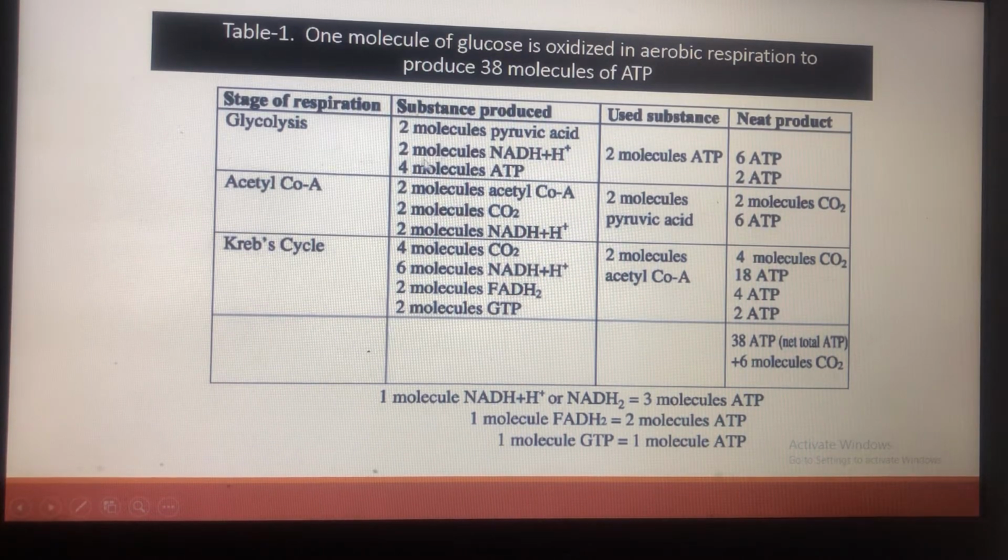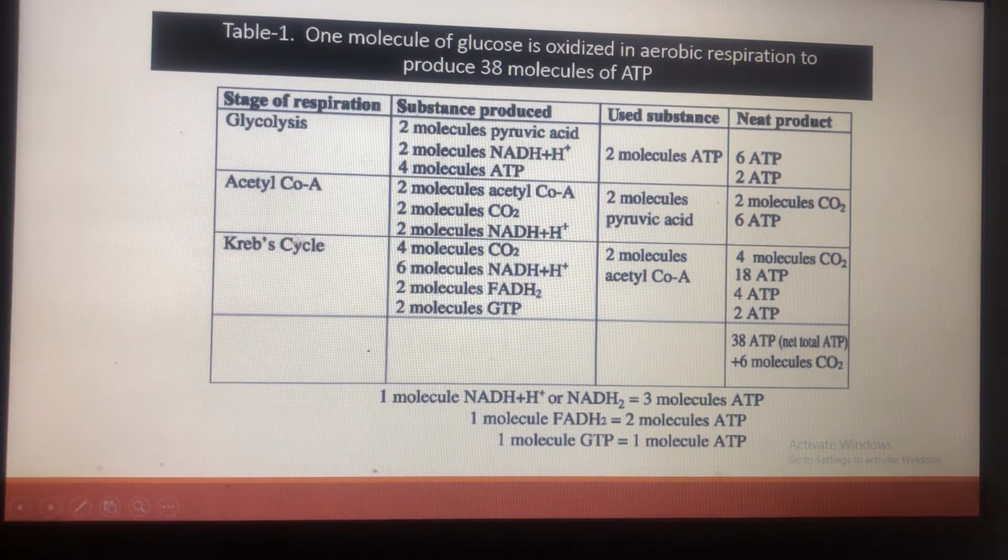Next was the acetyl-CoA formation, where 2 molecules of acetyl-CoA, 2 molecules of carbon dioxide and 2 molecules of NADH2 are produced. Here we used the 2 molecules of pyruvic acid produced during the glycolysis. So the net products were 2 molecules of carbon dioxide and 6 molecules of ATP coming from the 2 molecules of NADH plus H plus.